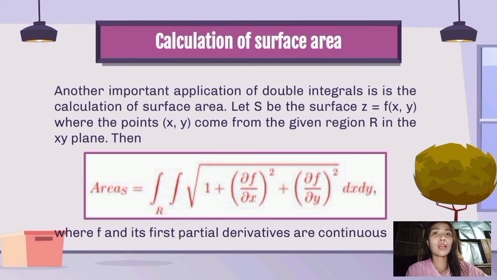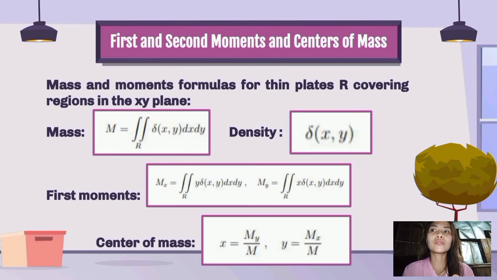Another important application of double integrals is the calculation of surface area. Let S be the surface z is equal to f of x and y, where the points x, y come from the given region R in the xy plane. So this will be the formula for the calculation of the surface area. Now let's have the first and second moments and centers of mass.